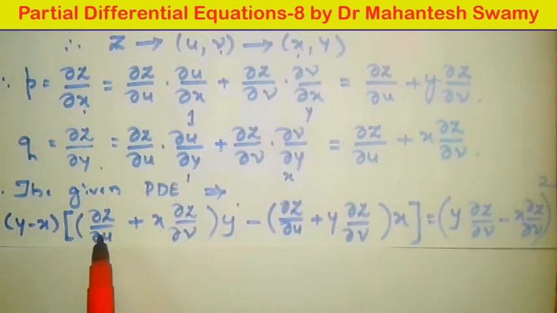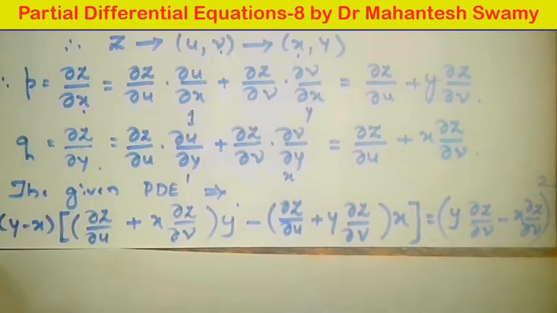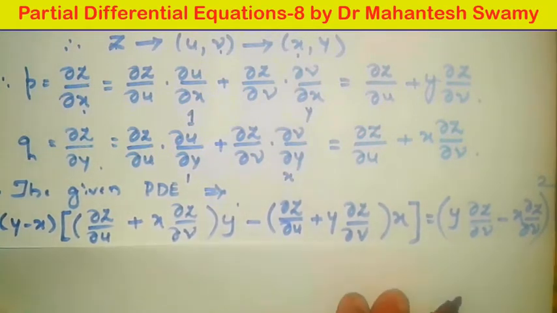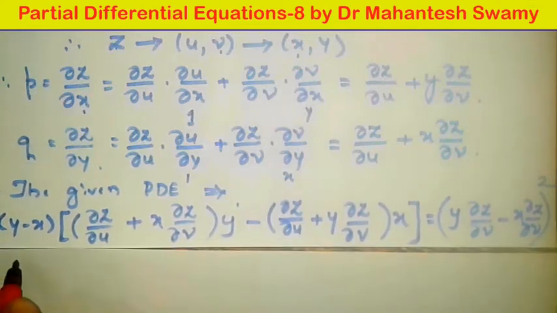Let us simplify this by multiplying these quantities within the bracket, and let us see which terms are going to cancel and give us the LHS in a quite simple way.